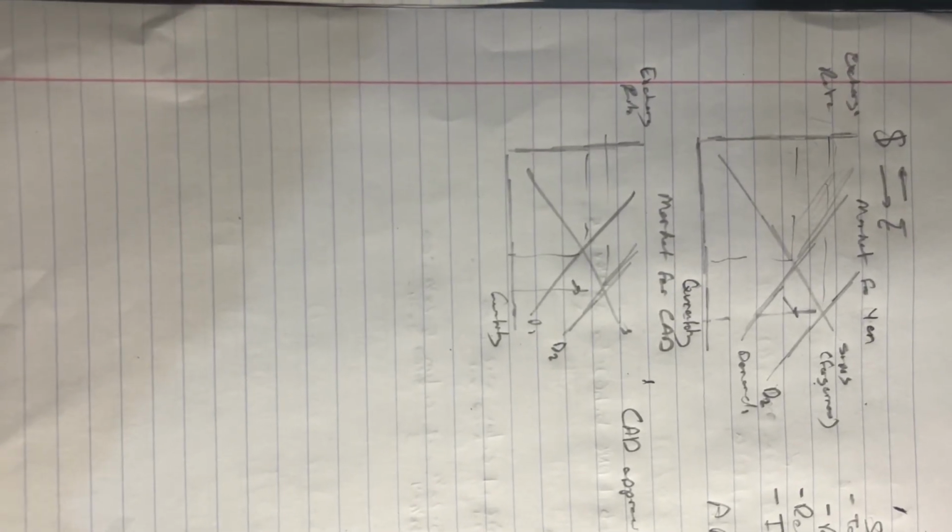So suppose price levels in the United States rise faster than they do in China. Using a correctly labeled graph of the Forex market of the Chinese yuan, show the effect of the change in price levels in the US on the value of the Chinese yuan.